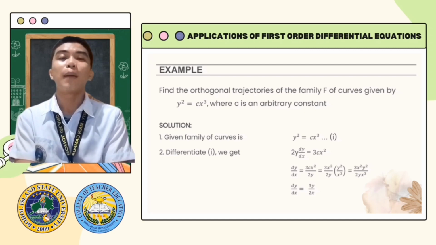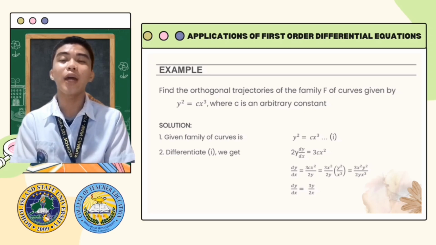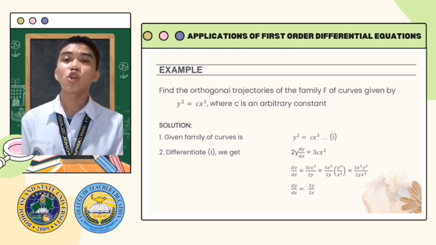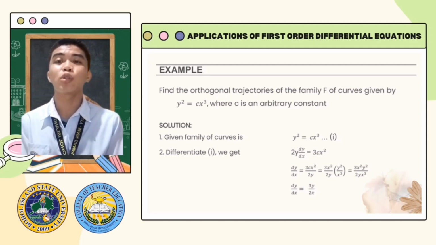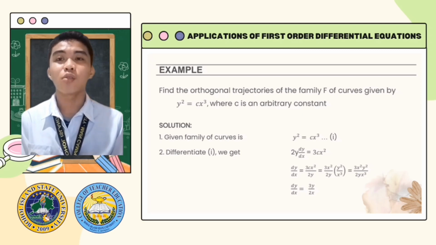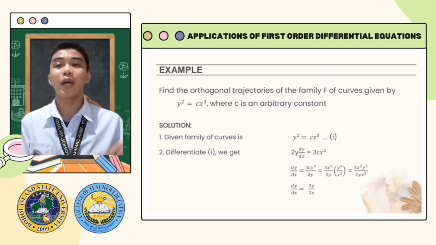So multiply, and we get dy over dx is equal to 3x squared y squared over 2yx cubed. Since the expression 3x squared y squared over 2yx cubed can be simplified to its lowest term by using the rule of exponent, we get dy over dx is equal to 3y over 2x.